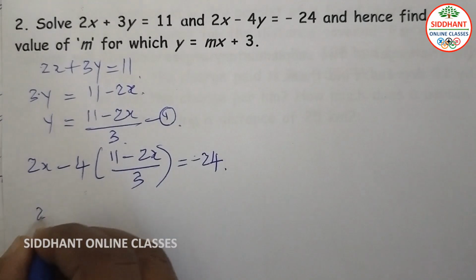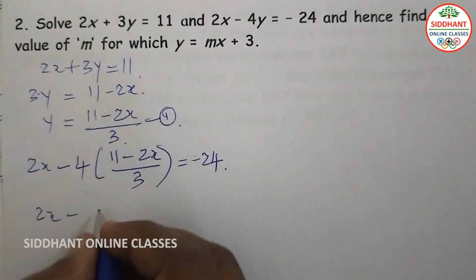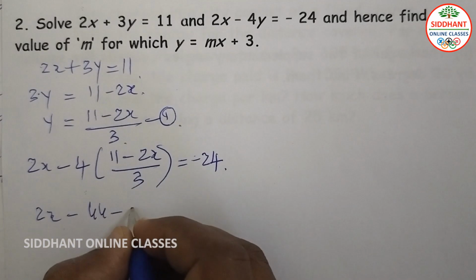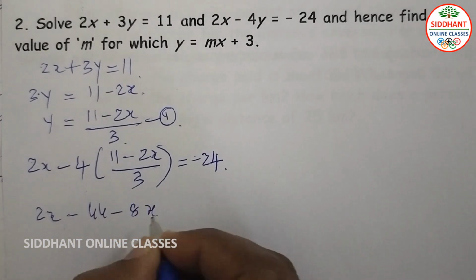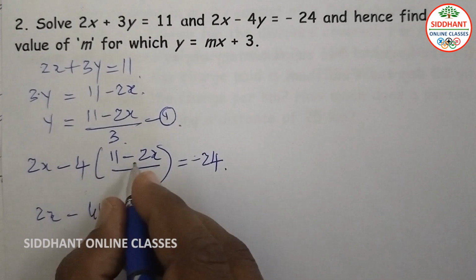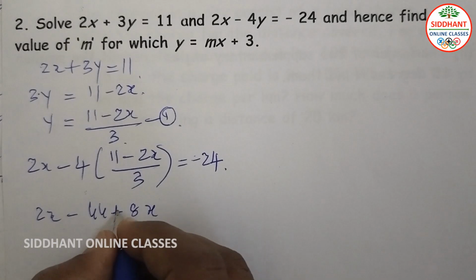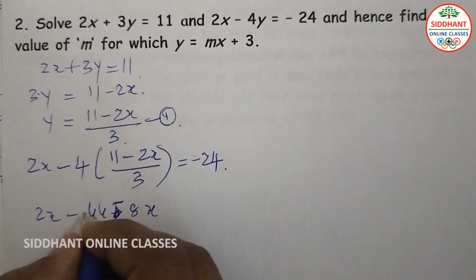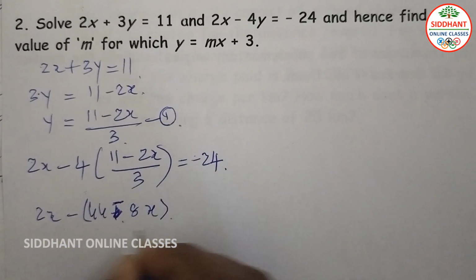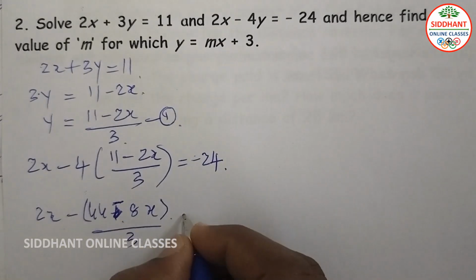So now 2x minus 44 minus 8x, so which will be minus minus plus, minus only, by 3 here.